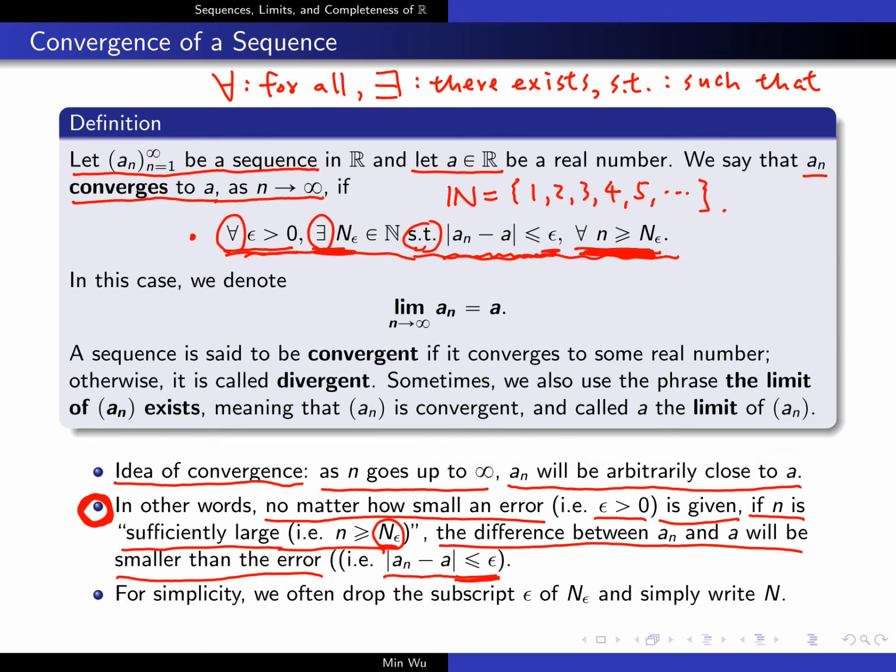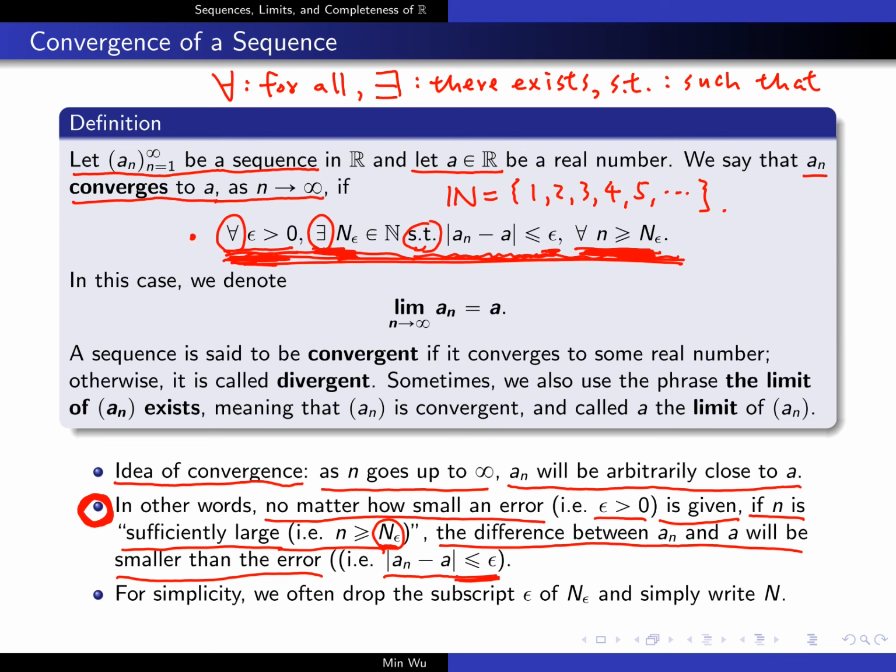So this is what we mean by convergence. We say that a_n converges to a as n goes to infinity if this logical statement is true. Notice that it says for all epsilon greater than 0, so we have to check for every epsilon whether this kind of N epsilon exists. If this is the case, then we say that a_n goes to a as n goes to infinity. Alright.